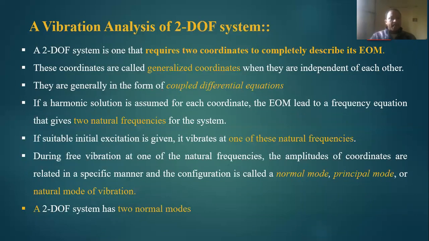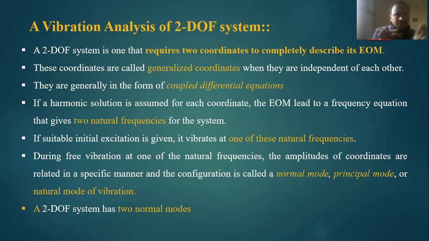A 2 degree of freedom system requires 2 independent coordinates to completely describe the equation of motion. These coordinates are called generalized coordinates when they are independent of each other. They generally lead to coupled differential equations.